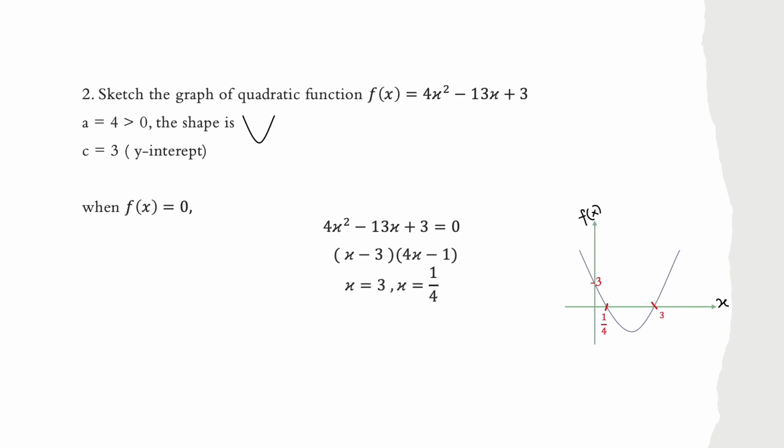The values of x are 3 and 1 over 4, which will be your x-intercepts on the graph, as you can see on the right side of this slide. So that is how you sketch your graph, with the shape concave upwards, the x-intercepts at 3 and 1 over 4, and the y-intercept at 3.